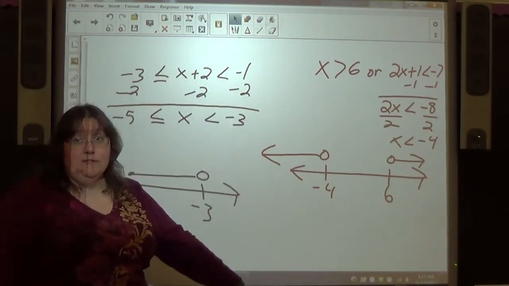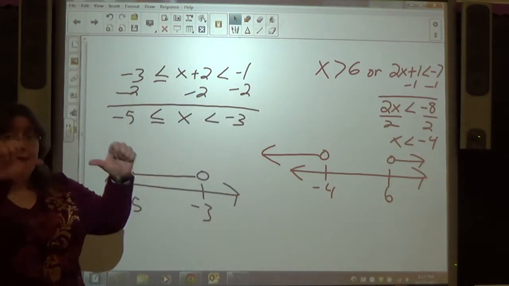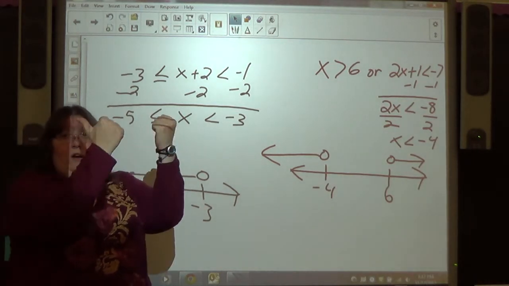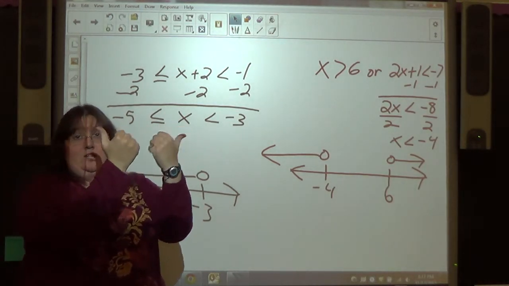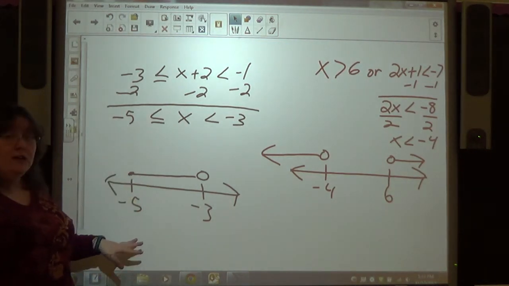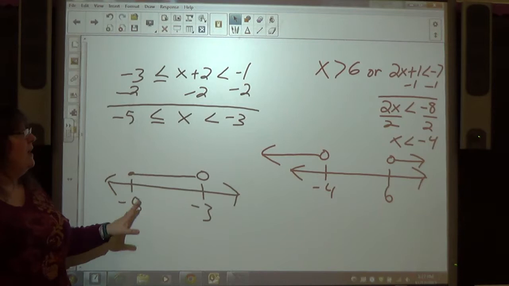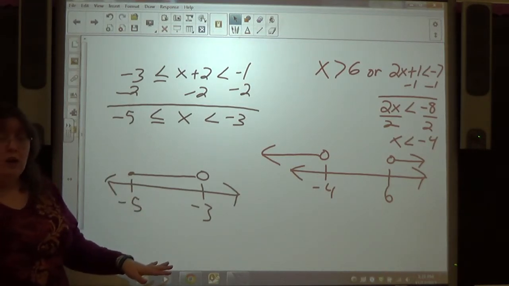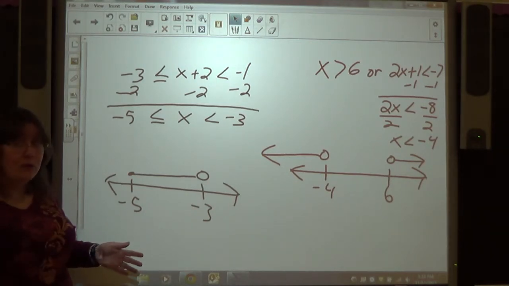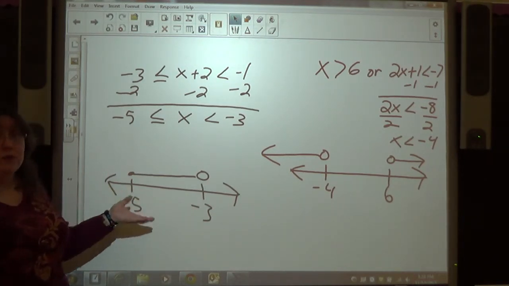Everything needs to be graphed on a number line, all right? And endpoints in between, or endpoints in opposite directions. So that's the kind of thing you're looking at for inequalities. You have your compound inequalities where you have and or, and you have your simple inequalities where you just treat it like any other equation, solve it, and then put it on a number line.